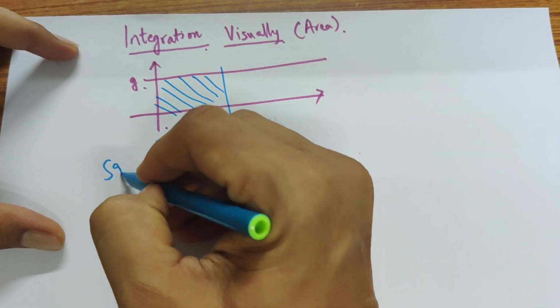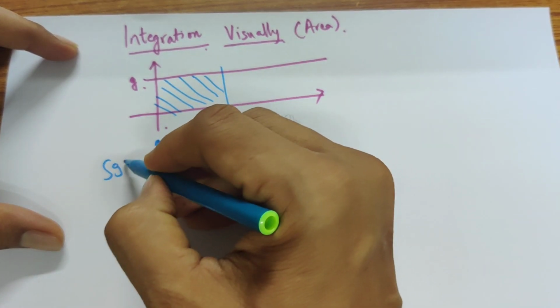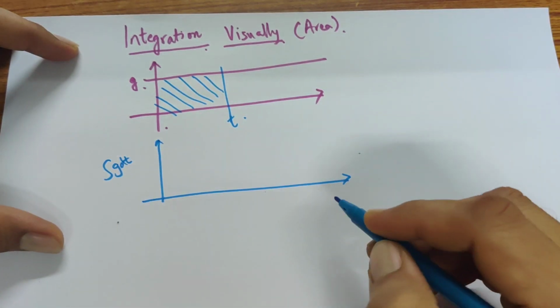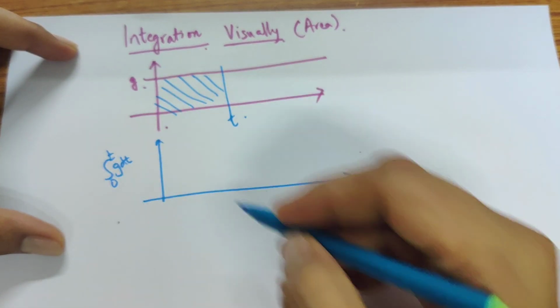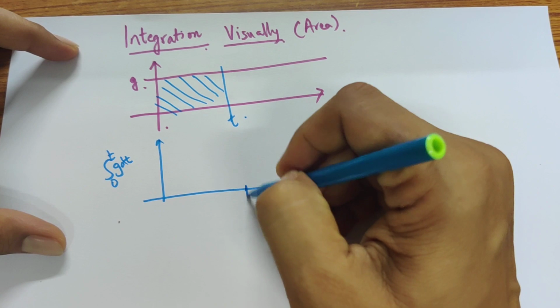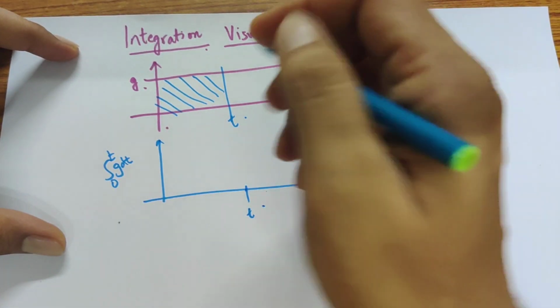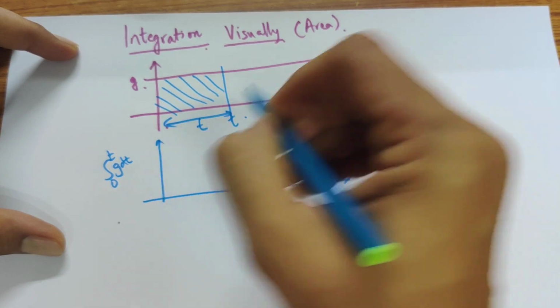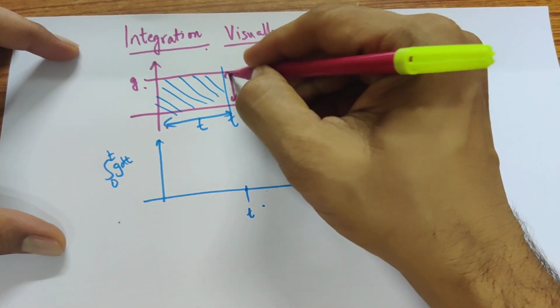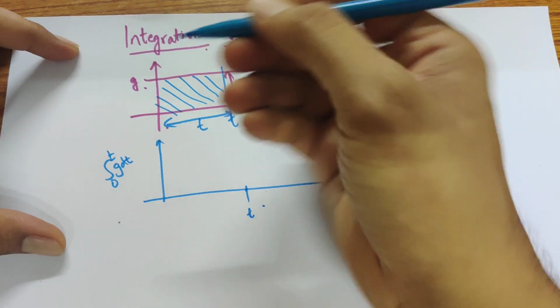If I draw the integral of g dt from 0 to t, basically what it's saying is that at any point t, it will be g times t. Why? Because t is the base, g is the height, so g times t is the area.